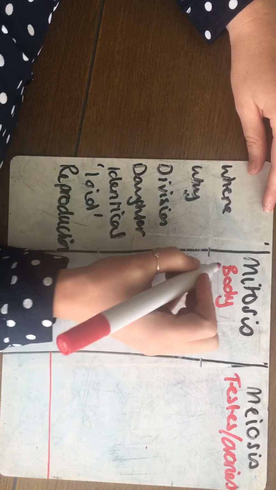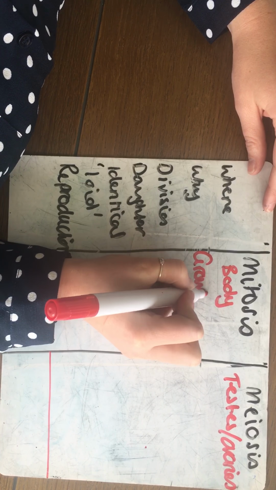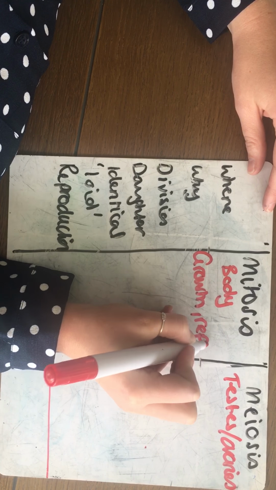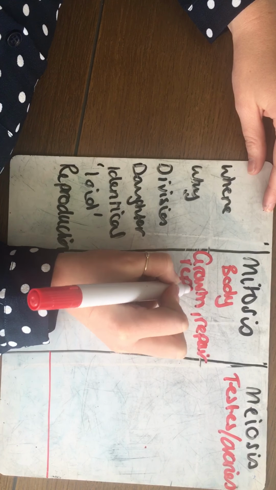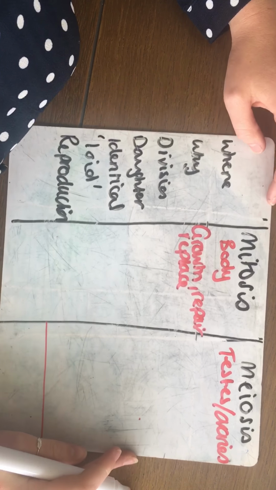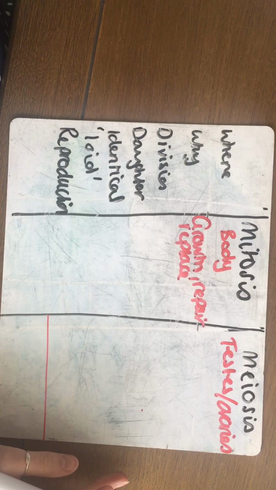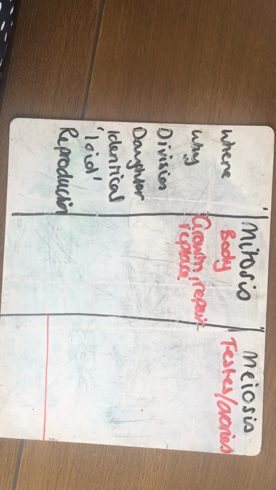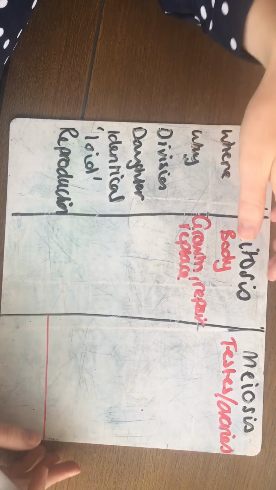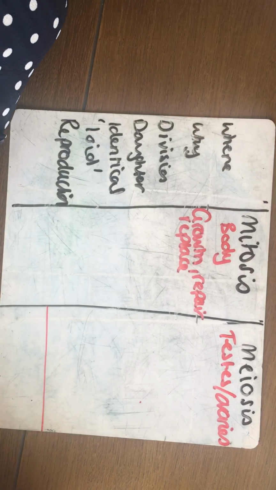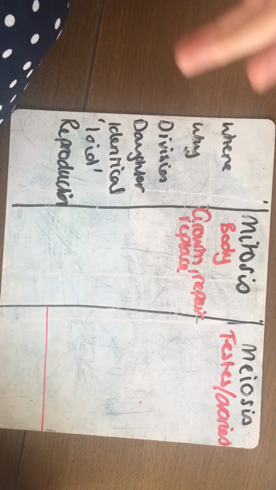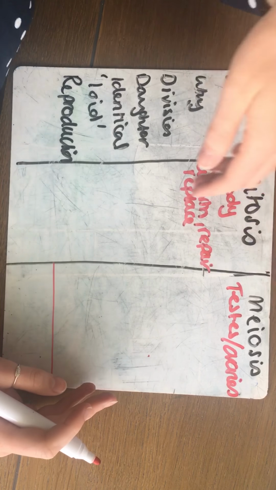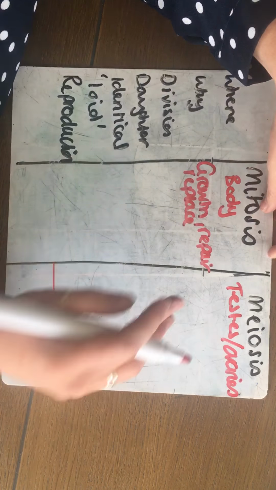Why do we have mitosis? We have it for growth, repair, and replace. So growth from a child to an adult, they will make identical cells, so your skin gets bigger. They need to make identical skin cells. To repair, in case you cut yourself or damage part of your body, they'll repair those cells or replace faulty cells.